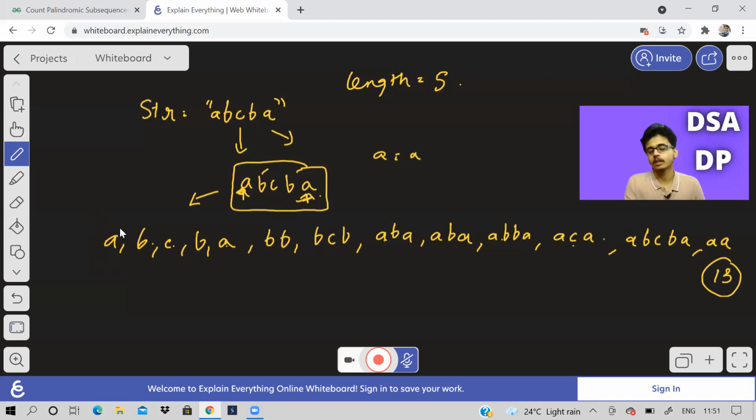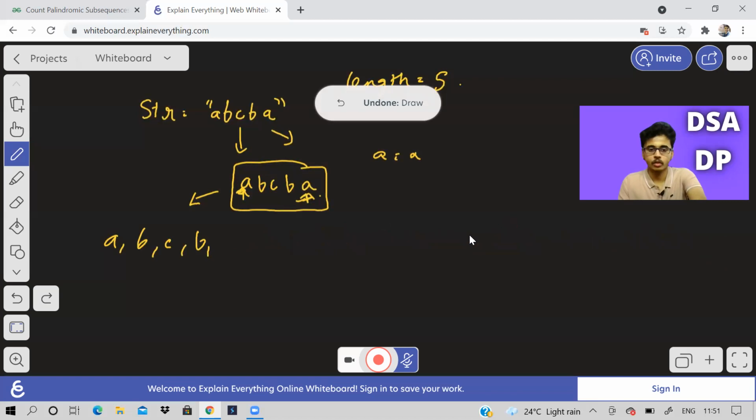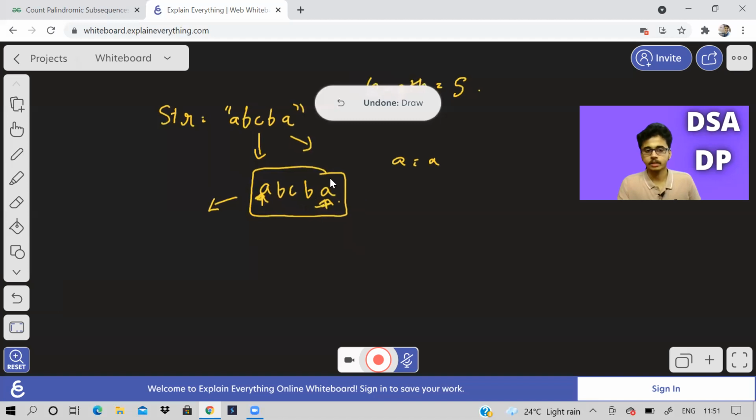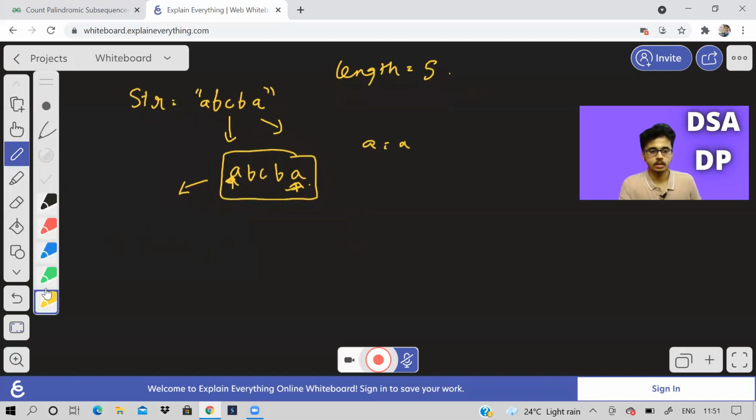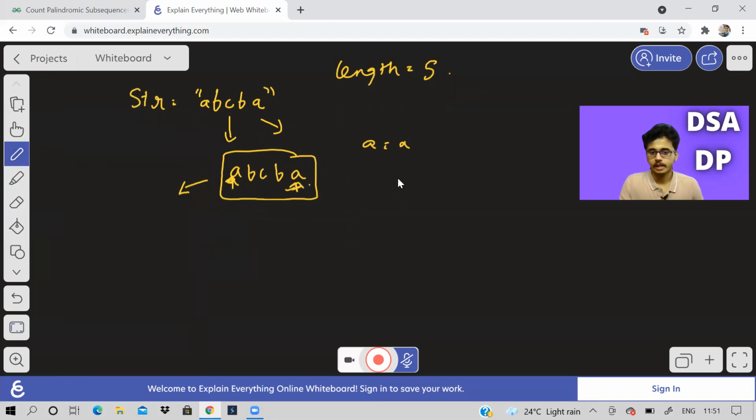So how to get these? Now we simply wrote it, correct? But how do we get these actually? For that, we need to observe some things. What observation we have to make is, so now it is A, B, C, B, A. If I remove A and A from here, this will become the middle part of the subsequence or the string, whatever.